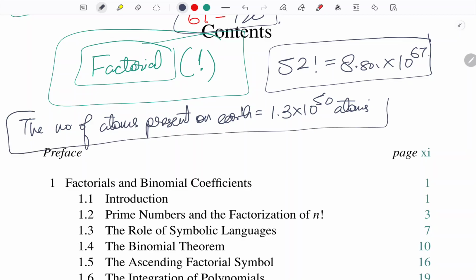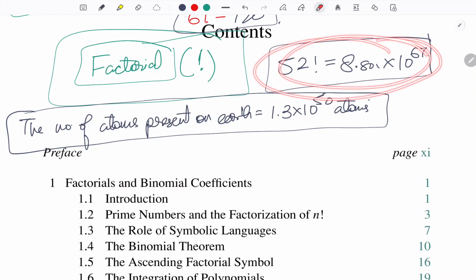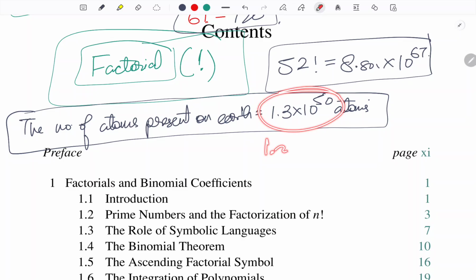The pen I'm writing with has more than billions of atoms. The phone, tablet or laptop you're watching this video on is made up of billions or maybe trillions of atoms. So you can imagine this number is very, very big, even though we have only 1.3 times 10 raised to the 50 atoms on the whole Earth.